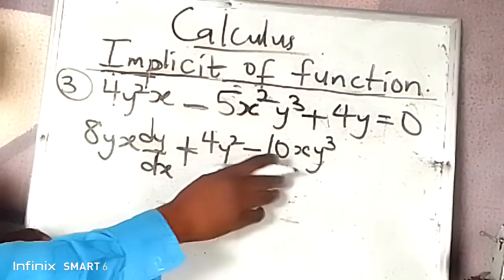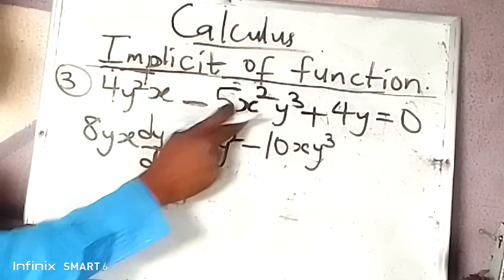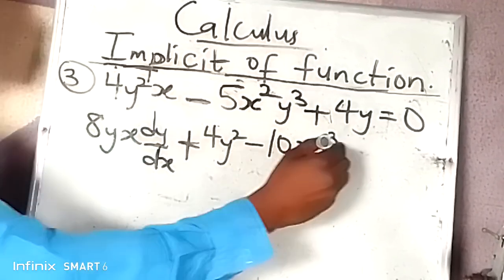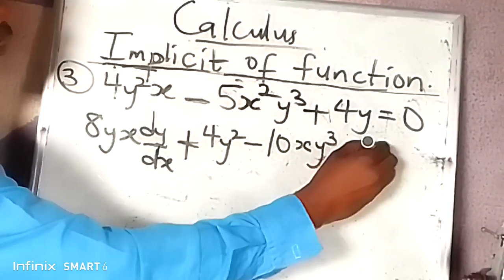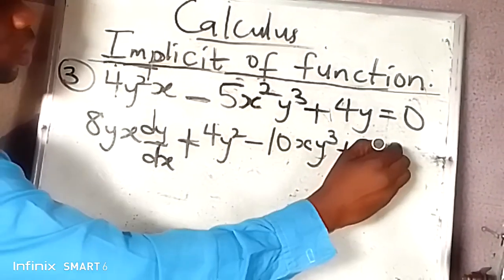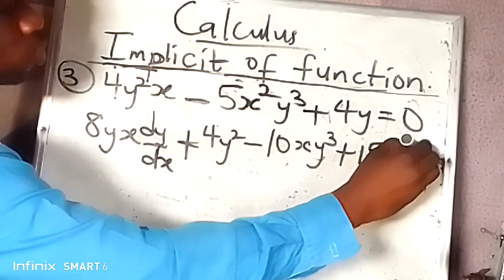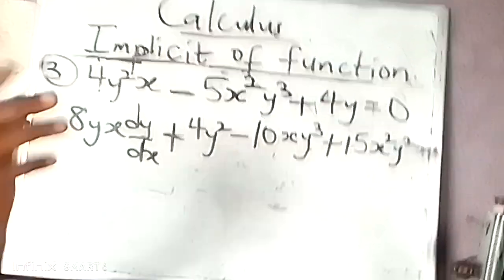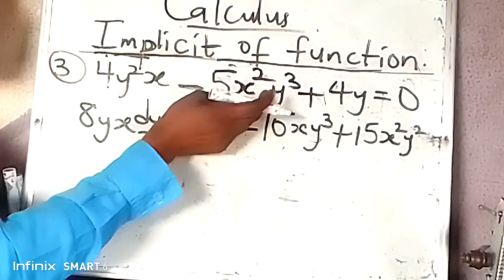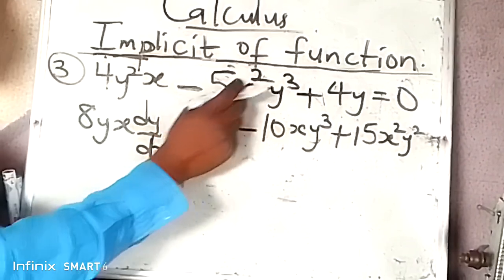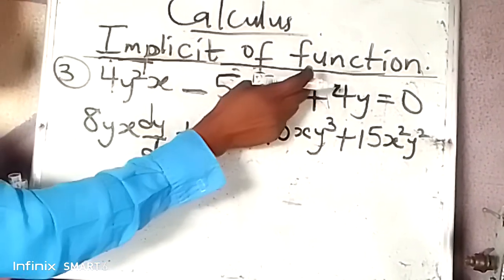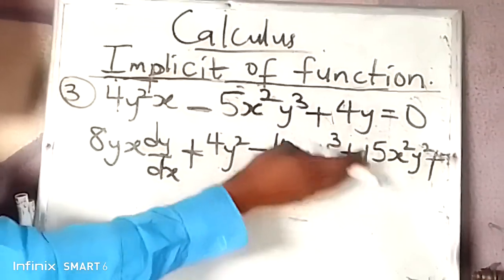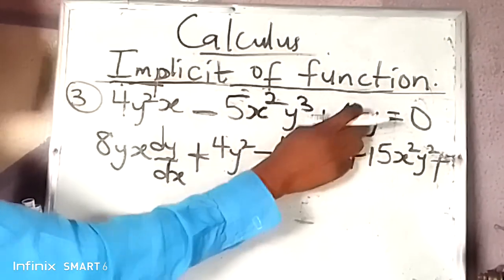I will not write dy dx because it is x. Now I will differentiate for this one. That will be plus 15x squared y squared, y squared because you have to subtract 1. Plus, sorry for the board, the differentiation of 4y here is going to be 4.